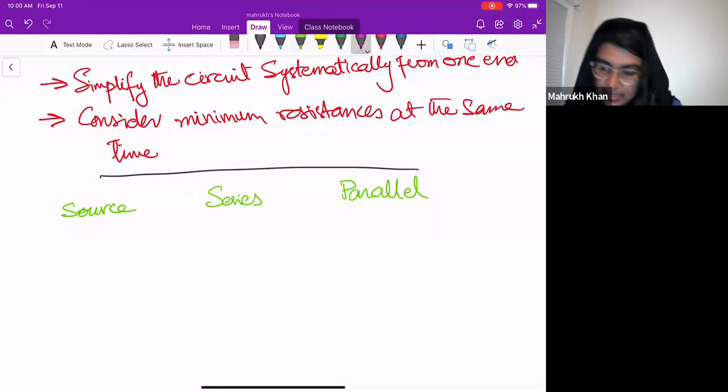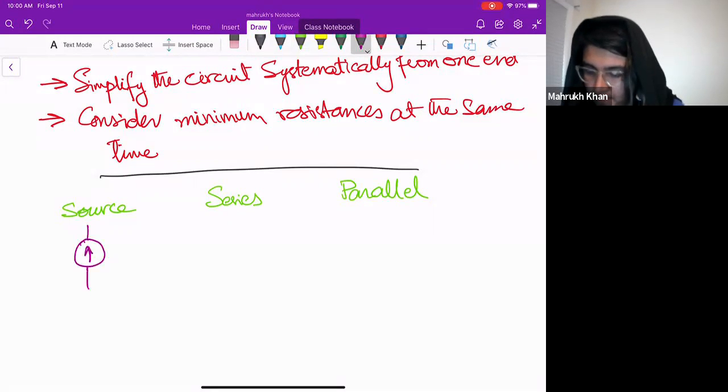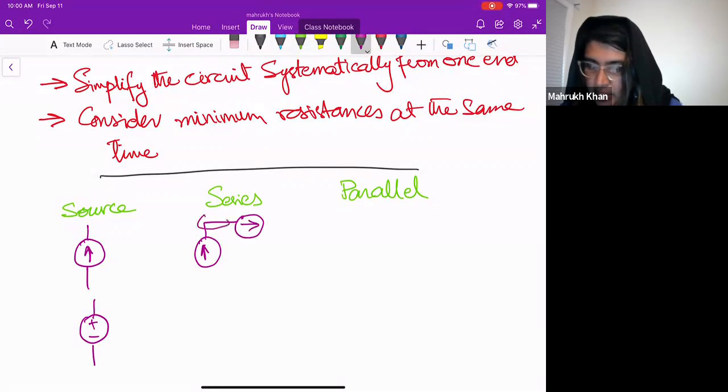Let's say I have a current source and I have a voltage source. We have not seen current sources in series yet without having any component here.